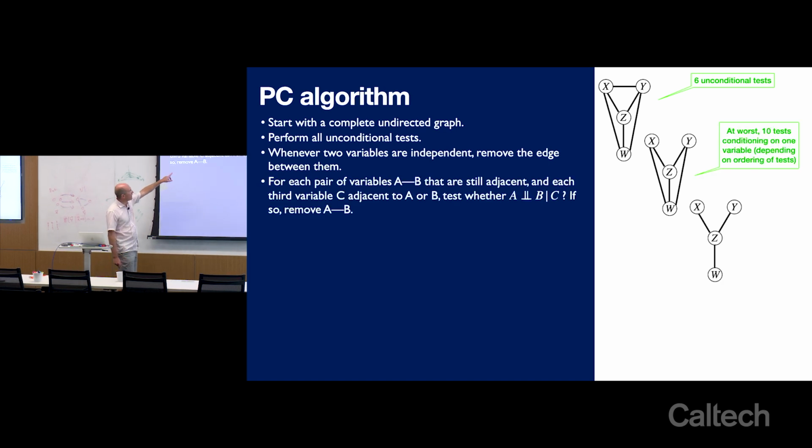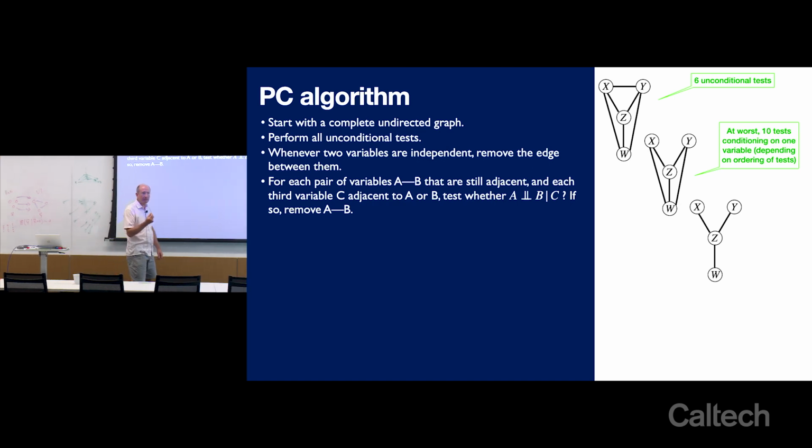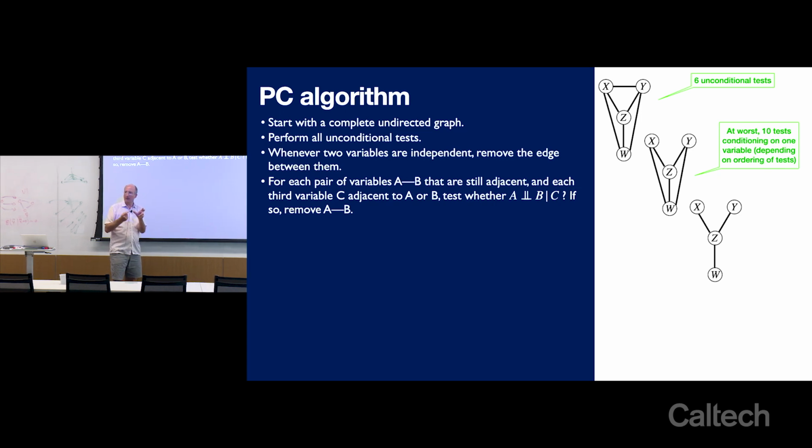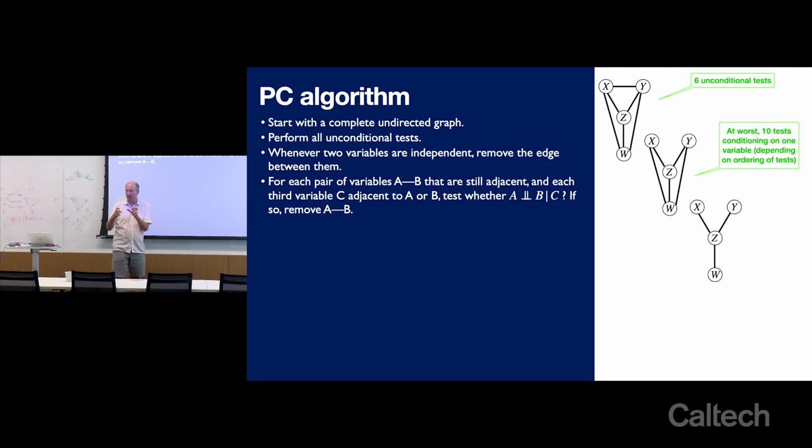For each pair of variables A and B in your graph that are still adjacent, and each third variable C adjacent to A or B, test whether A is independent of B given C. If so, remove that edge. Basically, you're increasing the conditioning set size by 1 now, but you only consider conditioning sets of variables adjacent to the ones you're considering, because you're trying to find parent sets.